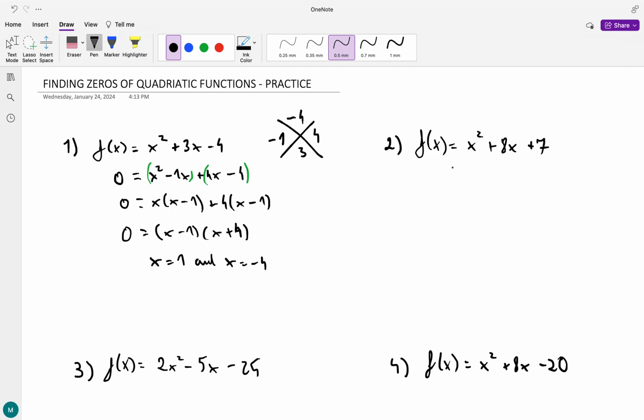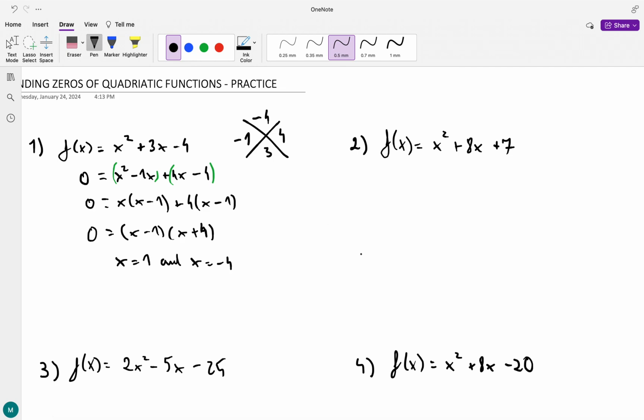Okay, we can move on to the second example. Let's see. I think this one is also going to be fairly simple by using factoring. So once again, AC method, 1 times 7 is 7, and then our B term is 8.